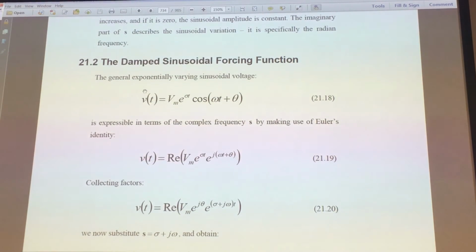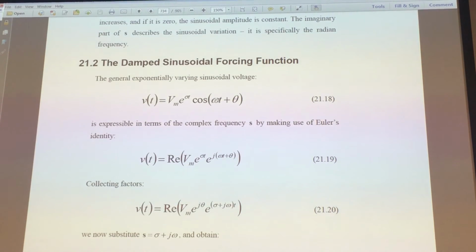If our input, or forcing function, is an exponentially decaying sinusoidal function, this is generalized, of course, and you can guess that if you choose sigma and omega properly, this expression can give you all four possibilities: DC, purely exponential, purely sinusoidal, and exponentially decaying sinusoidal.